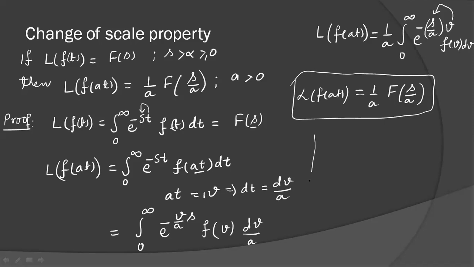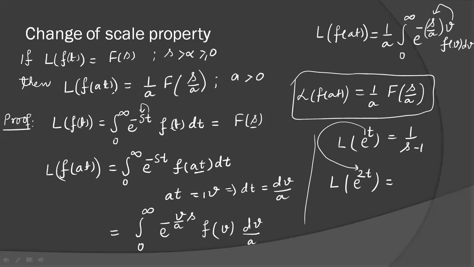Or you can see here only, if Laplace of e to the power t is 1 over s minus 1, then what will be the Laplace of e to the power 2t? Nothing. Here you are multiplying with a equal to 2. So it will be 1 by 2 into 1 over s by 2 minus 1. You have to replace s by s over a and you are multiplying by 1 over a.